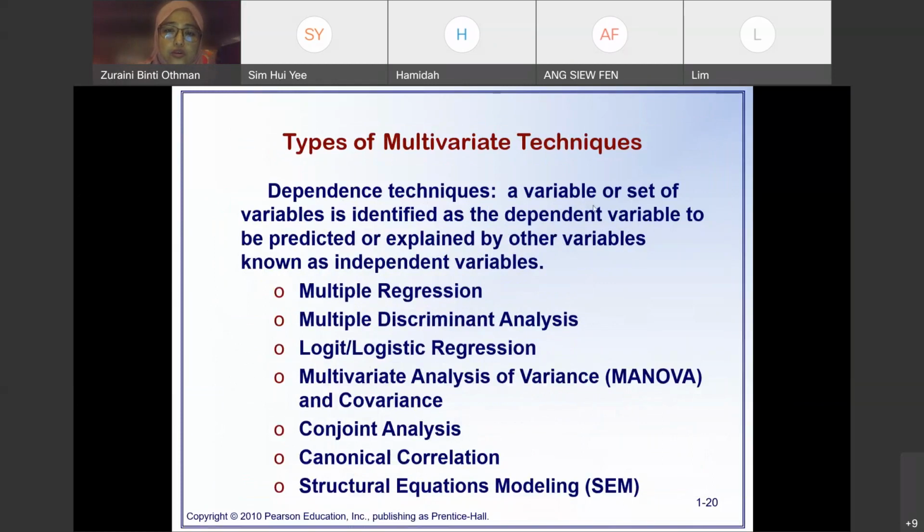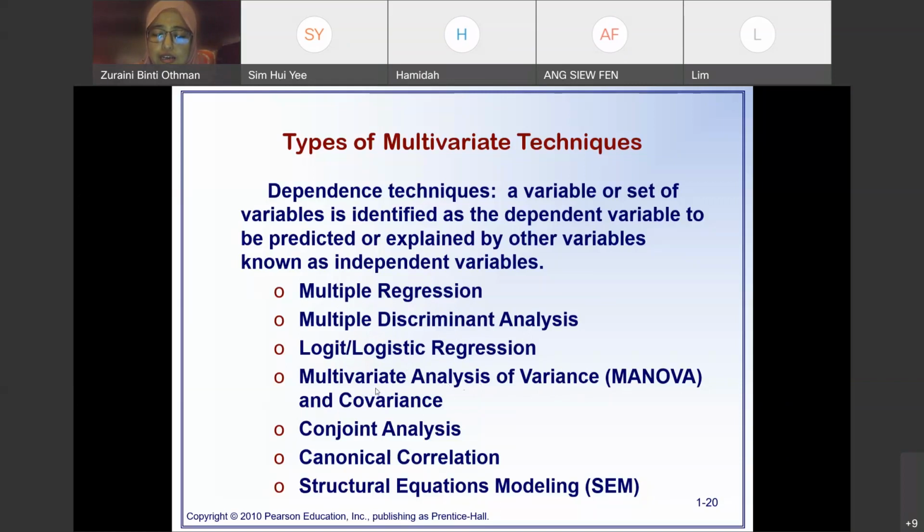A variable or set of variables is identified as the dependent variable to be predicted, explained by other variables known as independent variables. These are the techniques that fall into dependence technique: multiple regression, multiple discriminant analysis, logistic regression, multivariate analysis of variance.